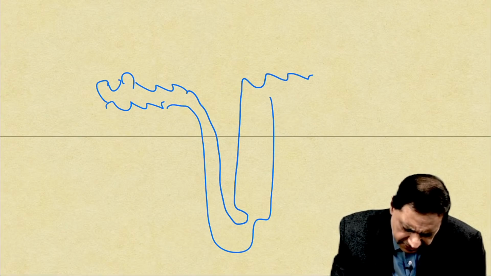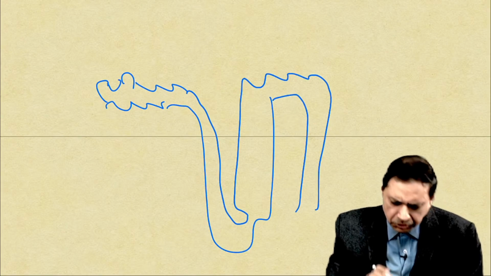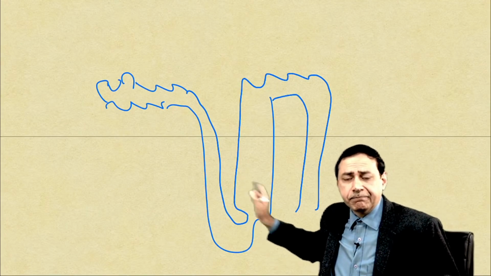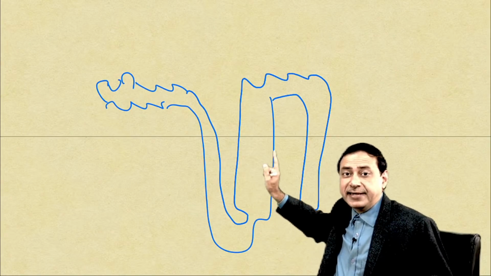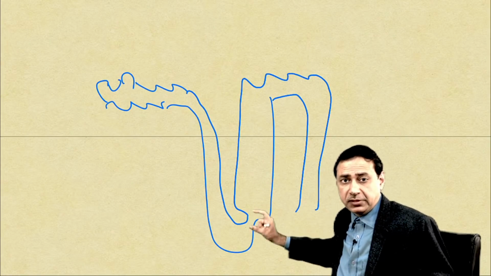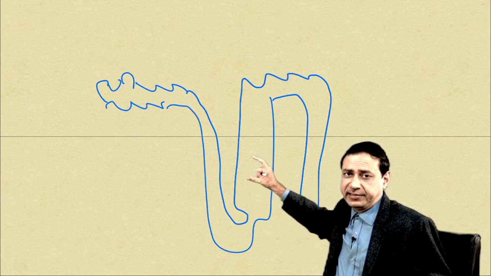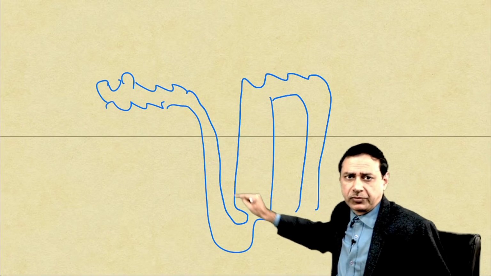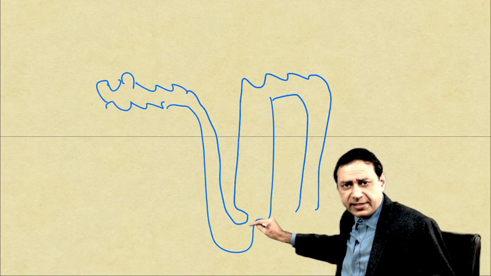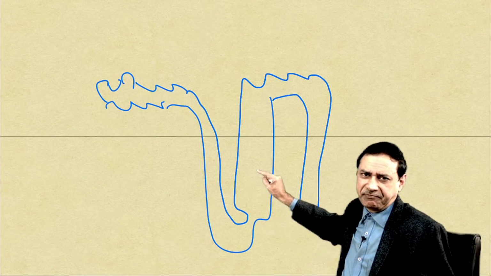The countercurrent multiplier occurs in the loop of Henle. This is the descending limb. This is the ascending limb of the loop of Henle. This is thin, this is thick. Thin descending limb, thin ascending limb, thick ascending limb.